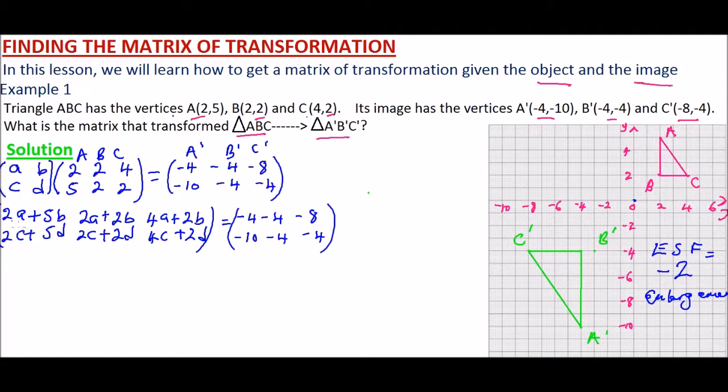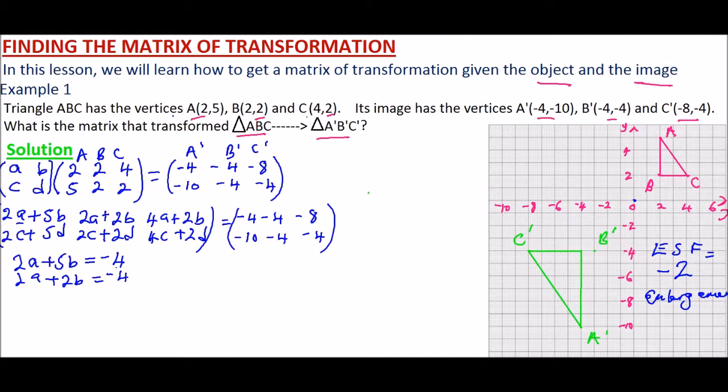That is 2a plus 5b is equal to minus 4, corresponding elements of the matrix. Then 2a plus 2b is equal to minus 4 again.